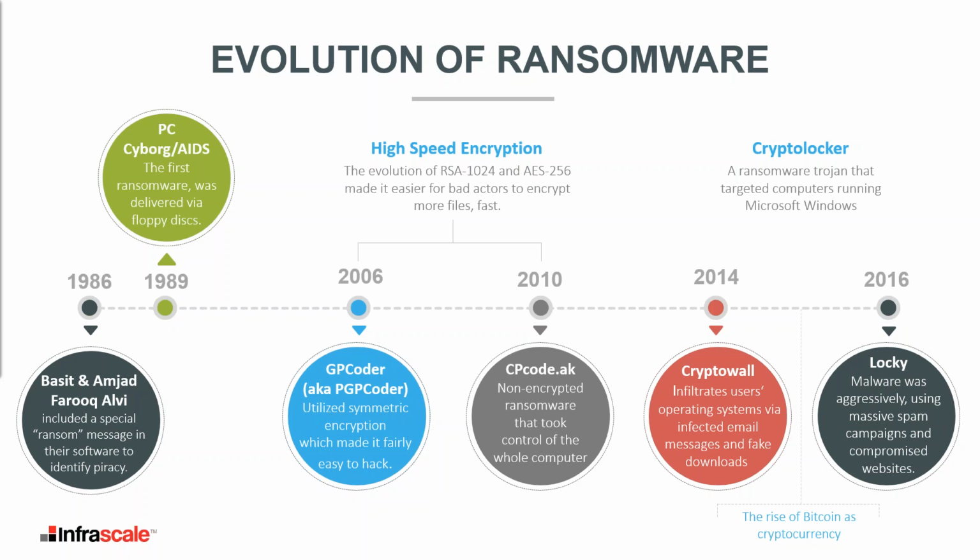And then, as you see across 2006, 2010, as the years moved on, the proliferation of malware moved at an alarming rate. By 2007, as much malware was produced in that one single year as had been produced in the previous 20 years altogether. And we're going to talk a little bit more about Locky and some of the more recent ones coming up.